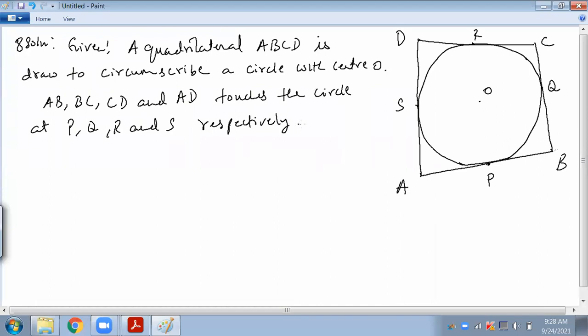So side AB is touching the circle at P, BC at Q, CD at R, and AD at S. To prove what? AB plus CD is equal to AD plus BC. Okay, proof.